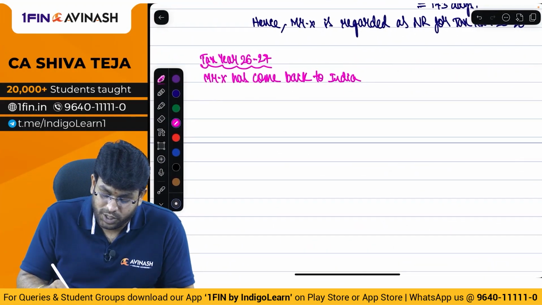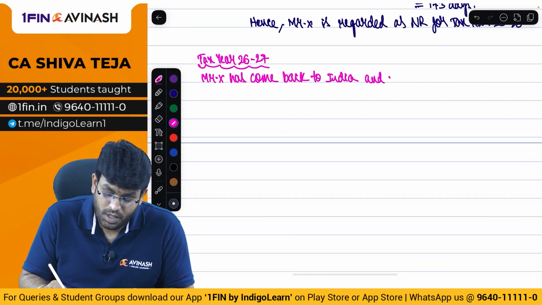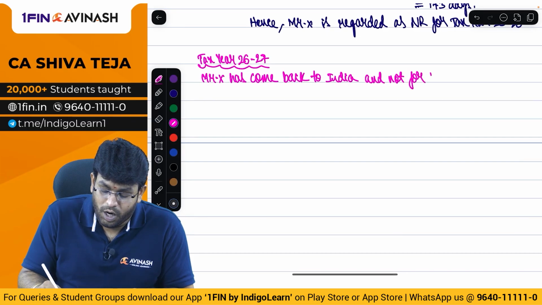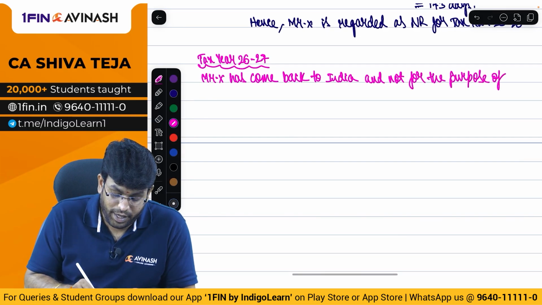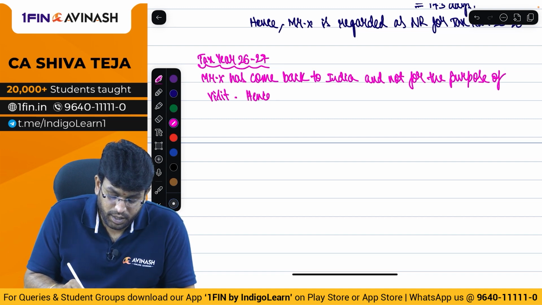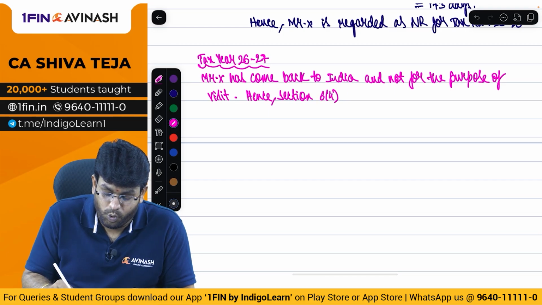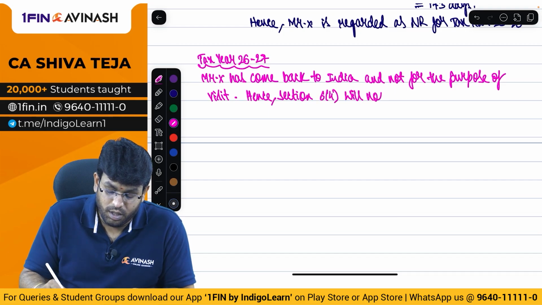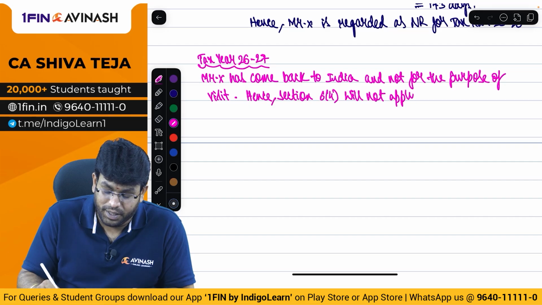He has come back to India and not for the purpose of visit. Hence, section 6(4) will not apply.